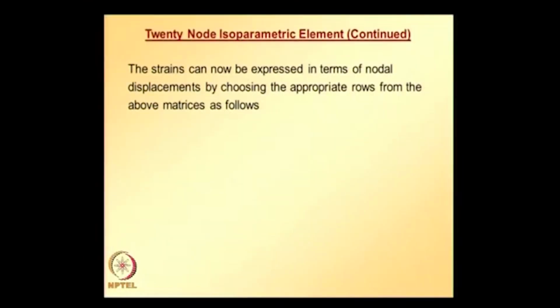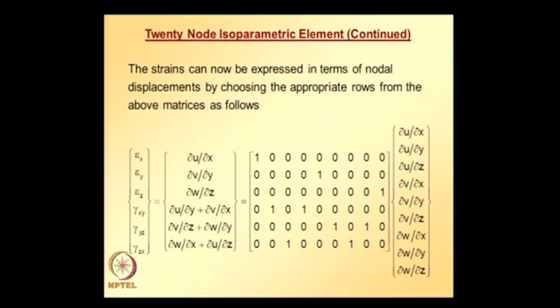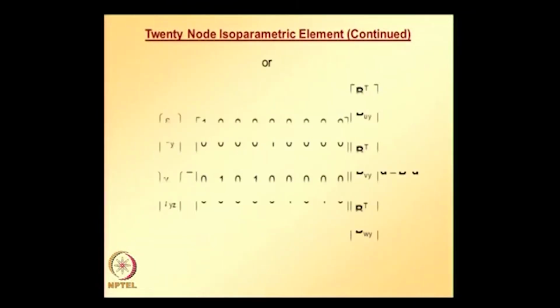Strains now can be expressed in terms of nodal displacements by choosing appropriate rows from the above matrices. Strain definition in terms of displacement components, which can be rearranged as shown on the right hand side. So, now plugging in or selecting the appropriate rows from the previous equations, we can get this.